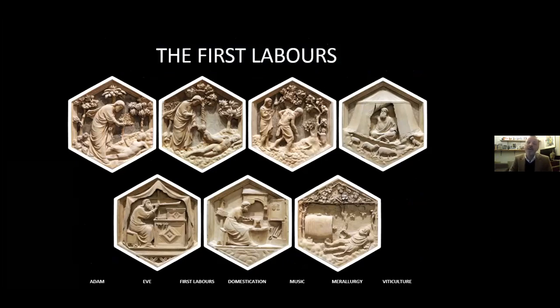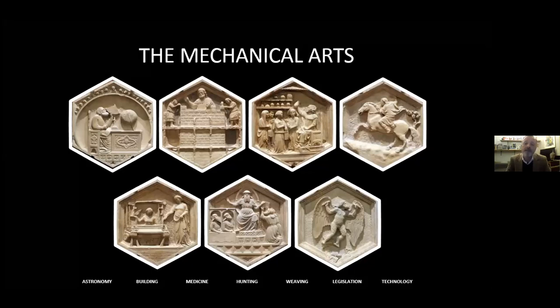They're selected from Genesis and begin with the first examples of creation, the creation of Adam and Eve, and move on to the establishment of the first labors in mechanical arts, including domestication, music, metallurgy, and viticulture. As you make your way around the side of the building, the program continues, and we see representations of astronomy, building or architecture, medicine, hunting, weaving, legislation, and technology.